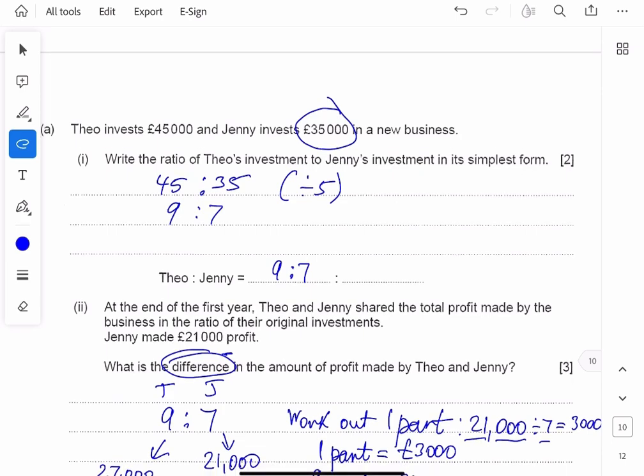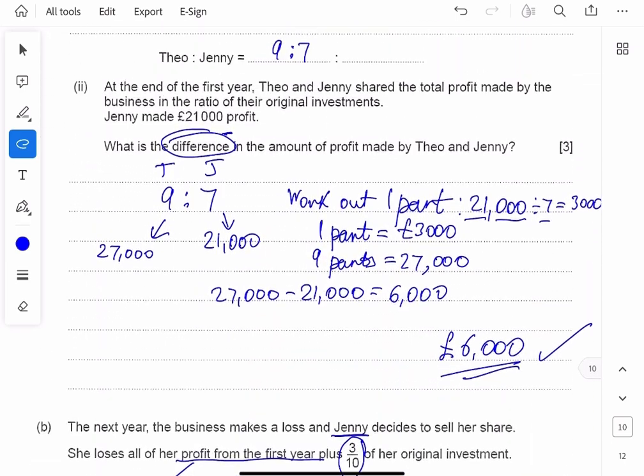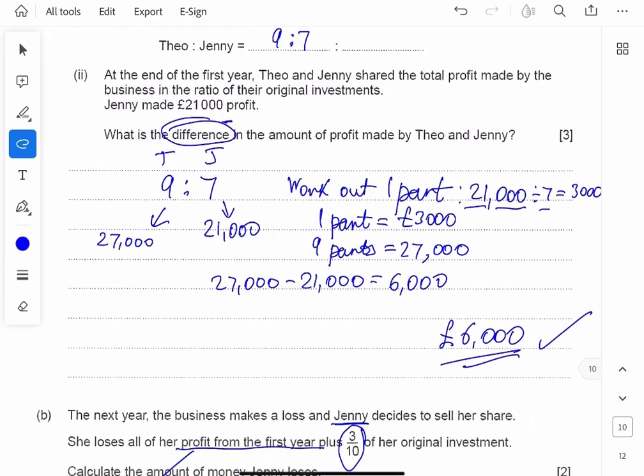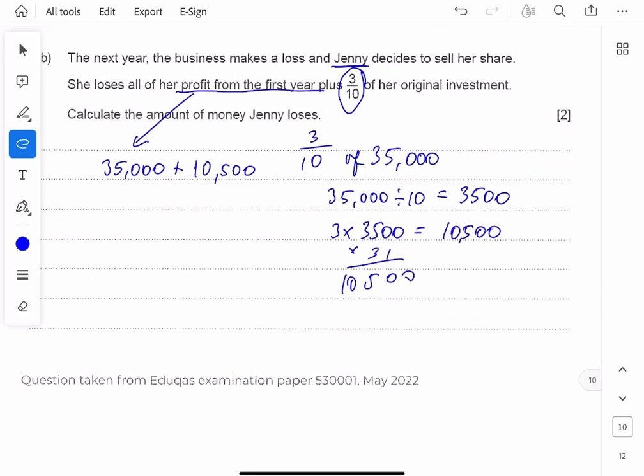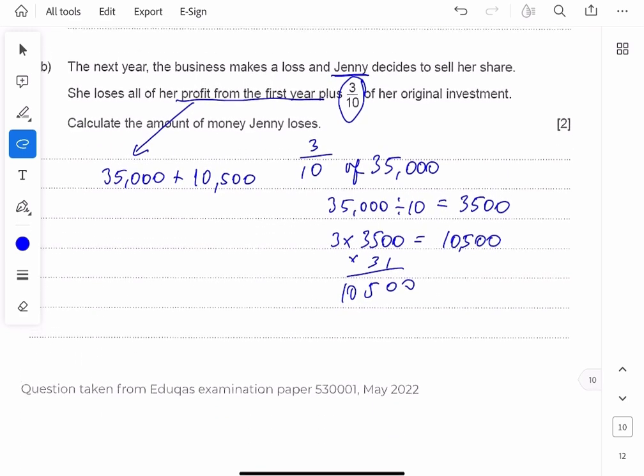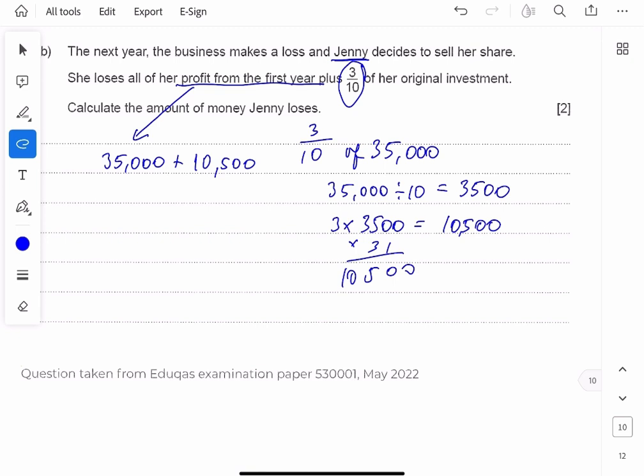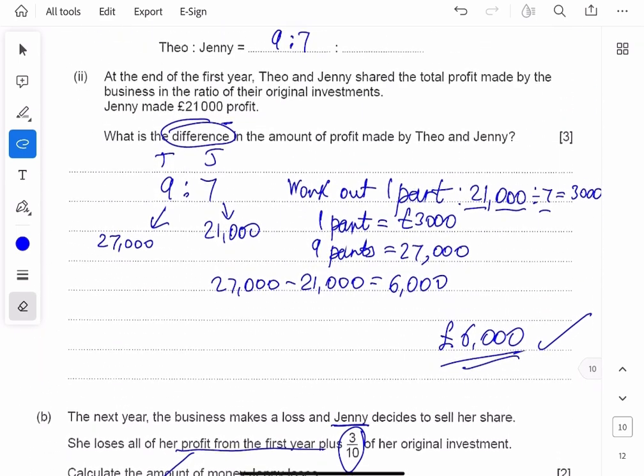So what profit did she make at the end of the first year? Okay, let's remove that. So I'm going to use the profit from the first year.